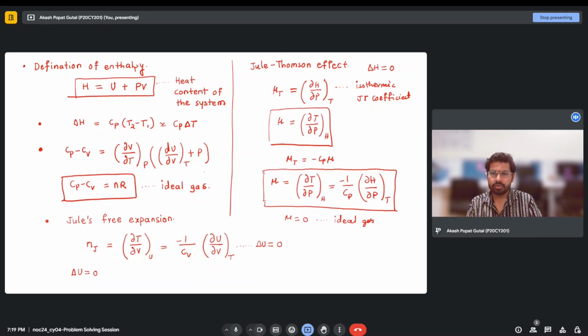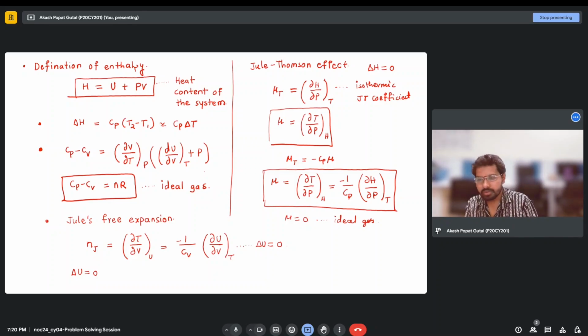We had discussed the exact functional form of Cp minus Cv, and from that we derived what Cp minus Cv for an ideal gas should be. It is nR, the number of moles of ideal gas times the universal gas constant.